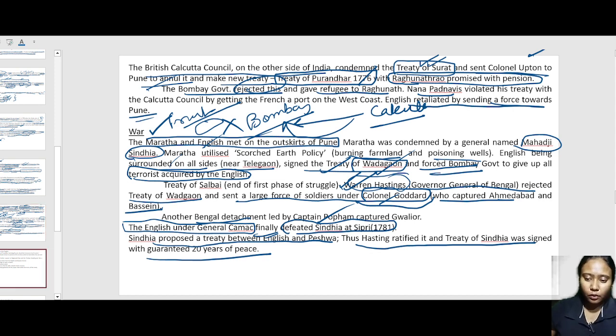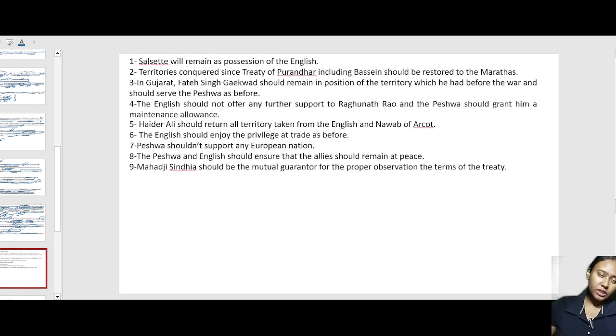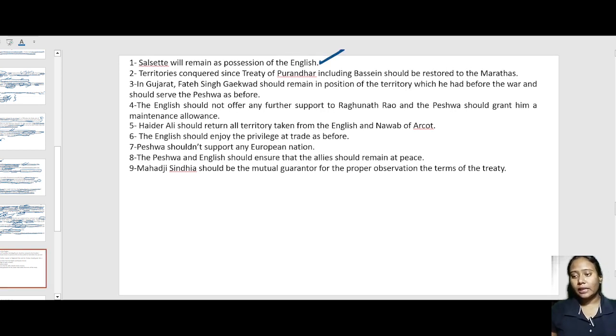So let's have a look at the terms of the treaty which guaranteed peace for 20 years. Number one, Salsette will remain as a possession of the English, as it was before, under the leadership of the English. Territories acquired since the Treaty of Purandar, including Bassein, should be restored to the Marathas.